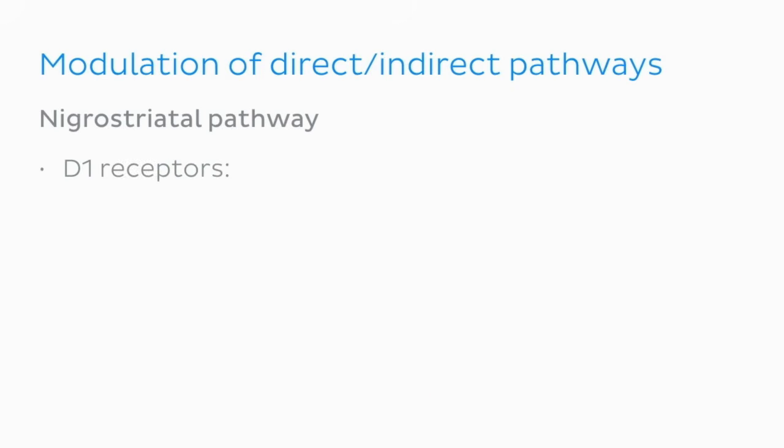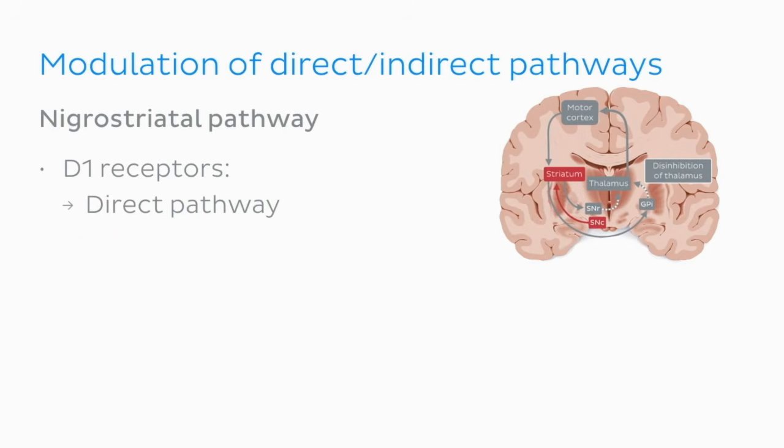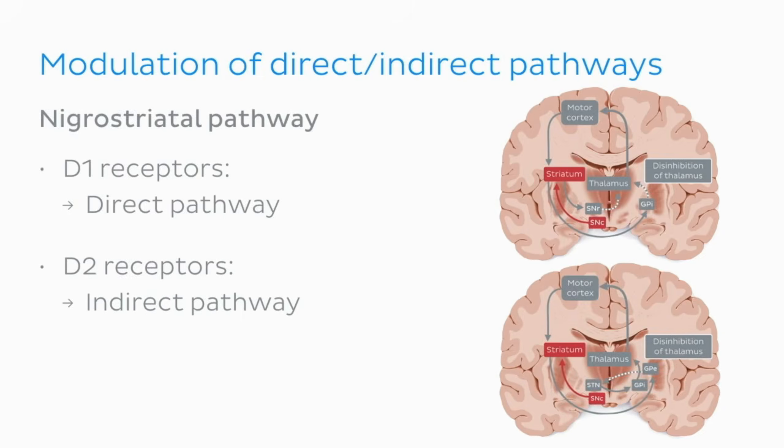D1 receptors are found in the striatal neurons that give rise to the direct pathway. On the other hand, D2 receptors are found on the neurons whose axons form the indirect pathway. So when dopamine is released from the substantia nigra pars compacta, it results in the promotion of the direct pathway and at the same time the inhibition of the indirect pathway.